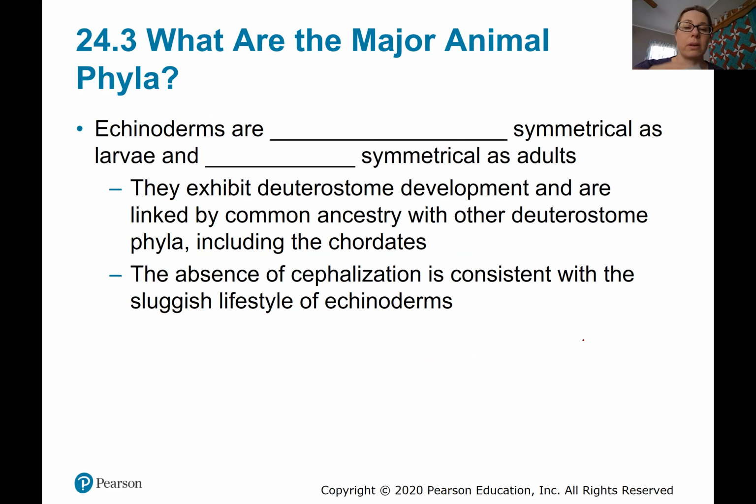Echinoderm larvae, so the young echinoderms, are bilaterally symmetrical, which means they have a left and a right side, but as adults, they are radially symmetrical. So if you don't remember what that means, double check the first part of this chapter. They have deuterostome development.